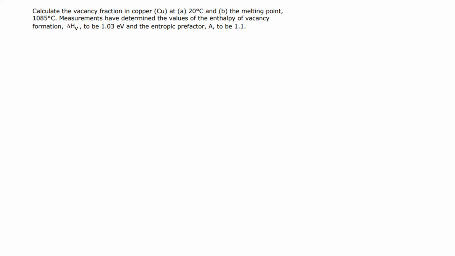It is 1.03 electron volt and the entropy factor A to be 1.1. So how to solve it? Which formula do you have to use? This same kind of problem we solved earlier.